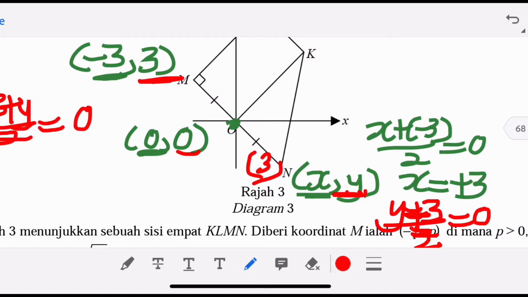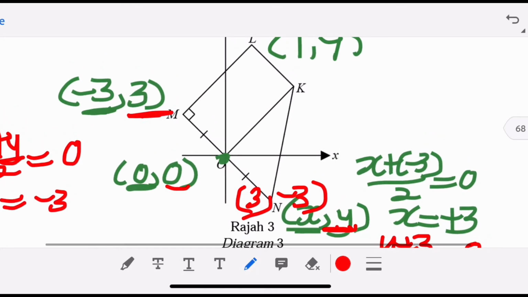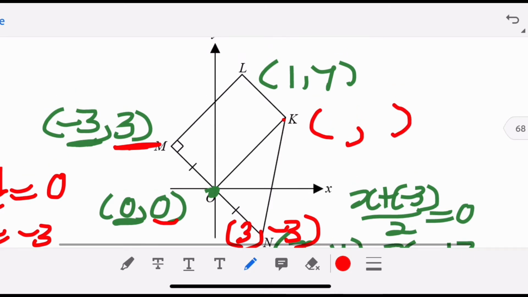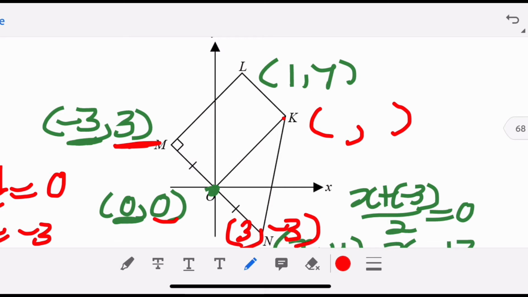So we can say that y is negative 3. So this is negative 3. Alright, so we need to find the gradient of KN before we can form the equation. So then we have to find out what is the point for point K.